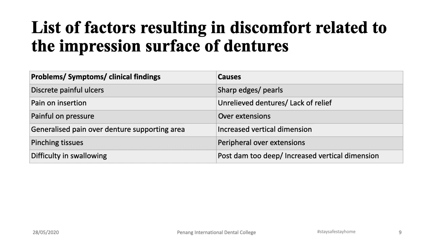This can be caused by increased vertical dimension, so in this case you will have to treat the increased vertical dimension. Pinching of tissues is due to peripheral overextensions, and difficulty in swallowing can be because of increased vertical dimension or because the post-dam is too deep. If the post-dam is too deep, it impinges on the postal palatal area, so you will have to round that post-dam.